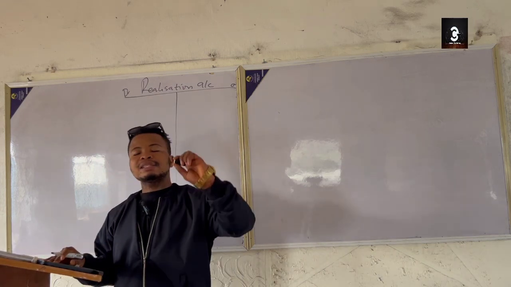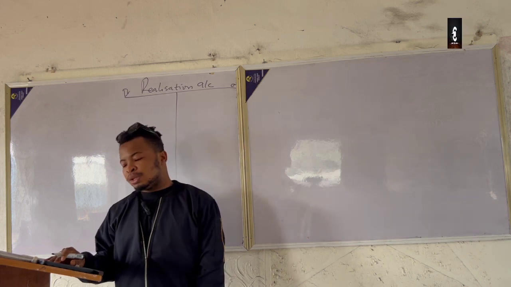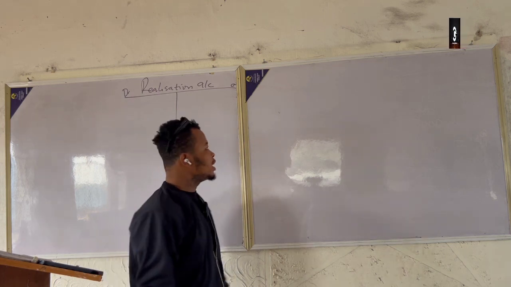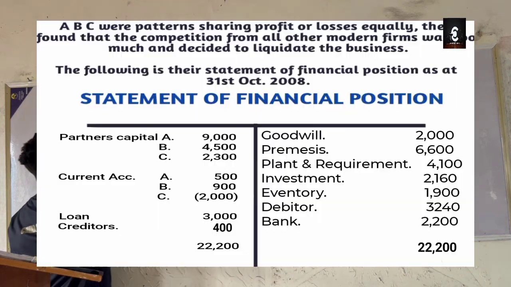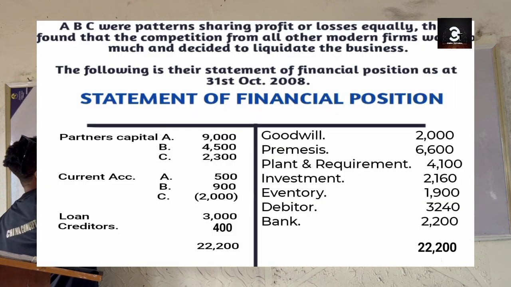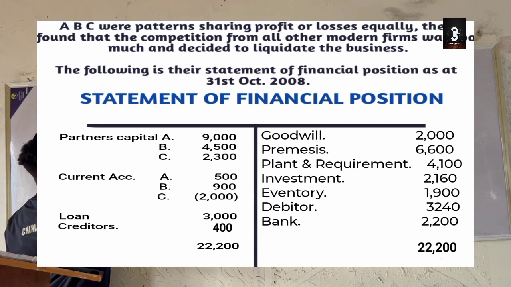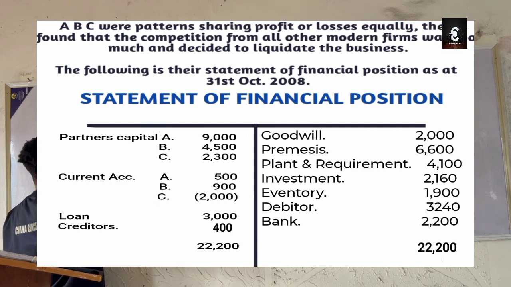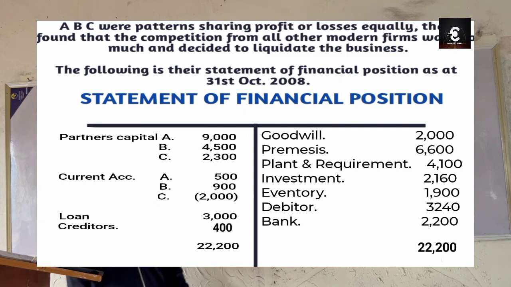Now remember, the first step, you go to the illustration to see what the examiner is talking about. First thing here is goodwill. The examiner says that goodwill is 2,000. Premises, the business has been using, is 6,600, as you can see on the board.